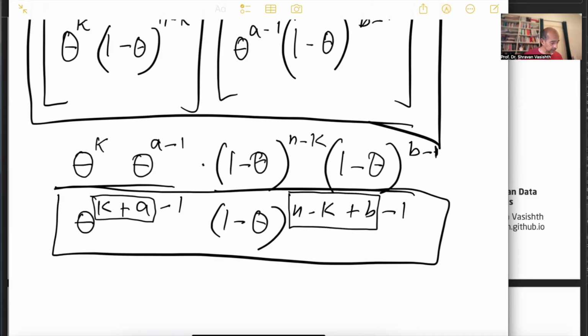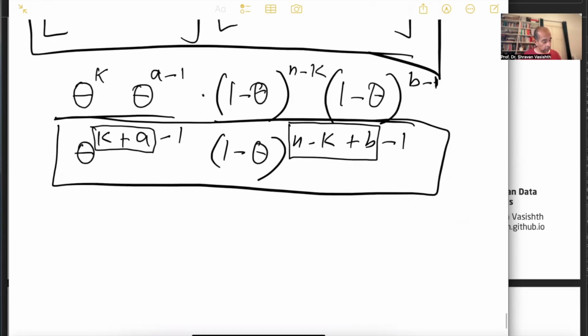So what's happening is that once I've seen the data, and in this case the data is k and n, that's our data, the posterior distribution of theta ends up also being a beta distribution if we define a beta prior on theta. And the updated a and b parameters of the beta distribution for the posterior become the following.